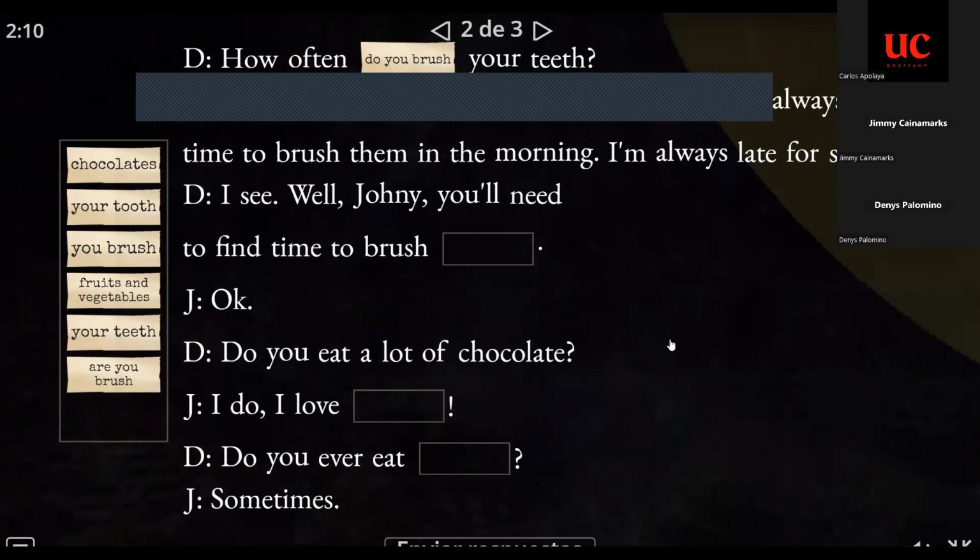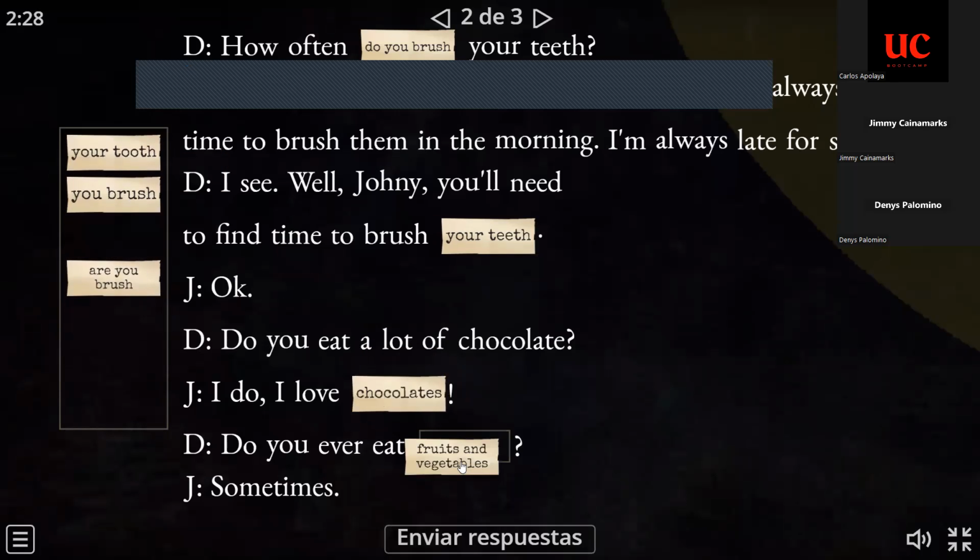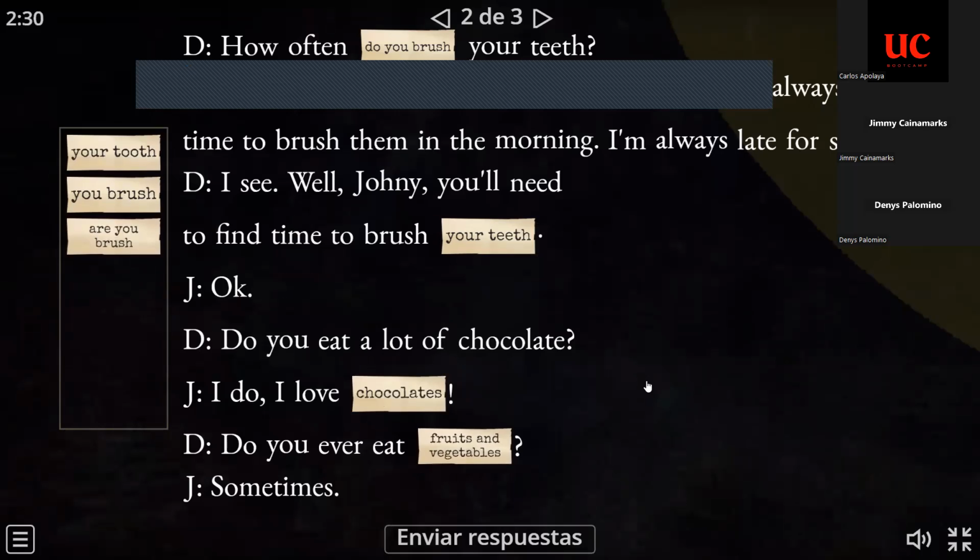I'm always late for school. Dentist: I see. Well, Johnny, you need to find time to brush your teeth. Do you eat a lot of chocolate? Johnny: I do. I love chocolate. Dentist: Do you ever eat fruit and vegetables?